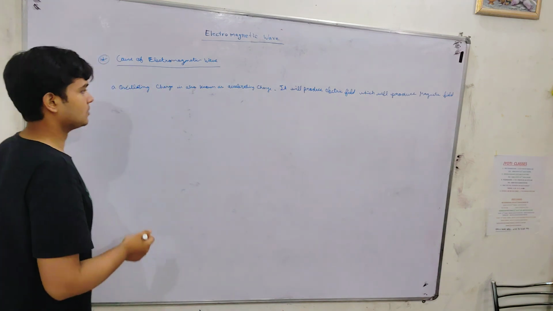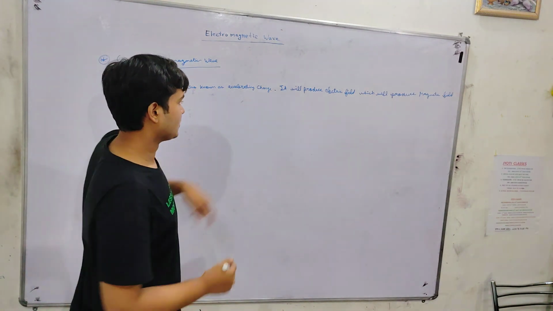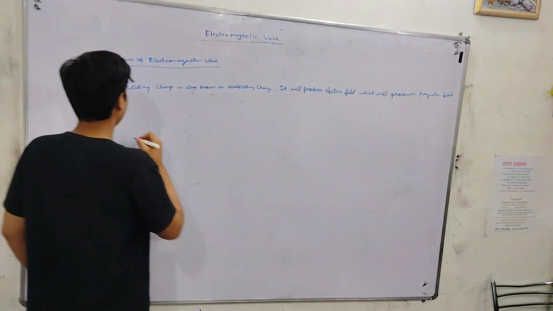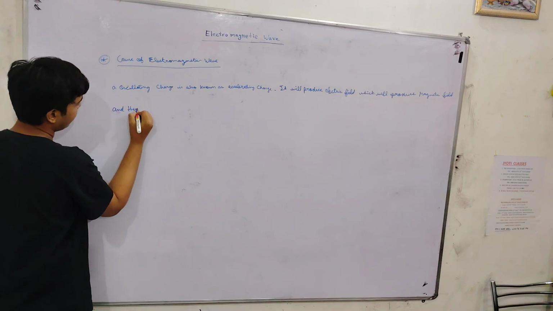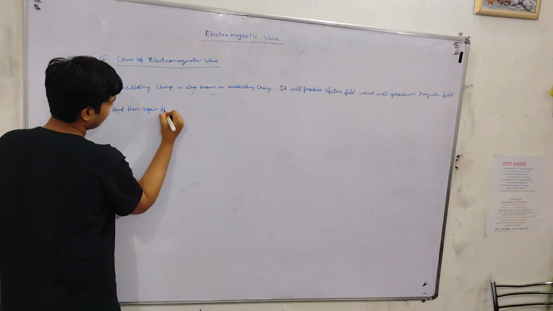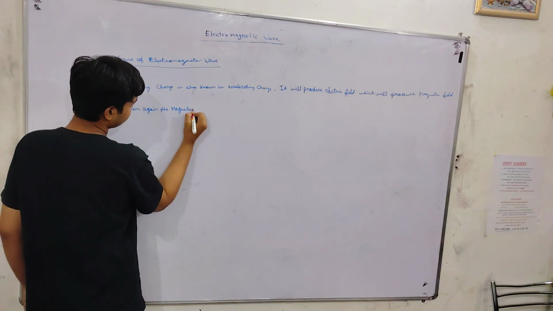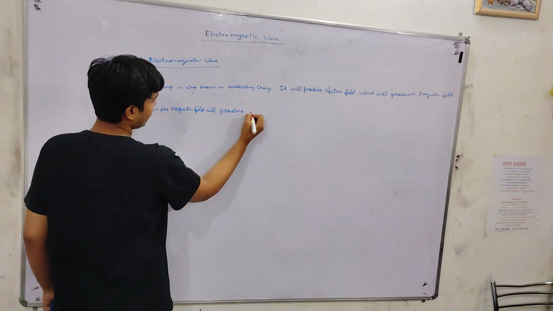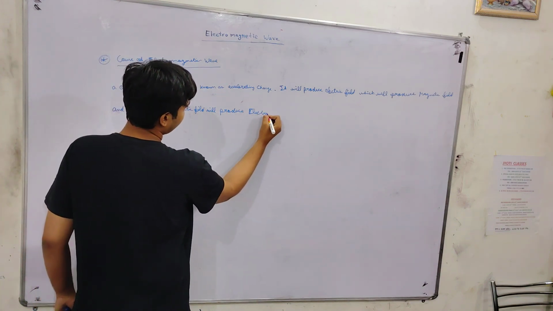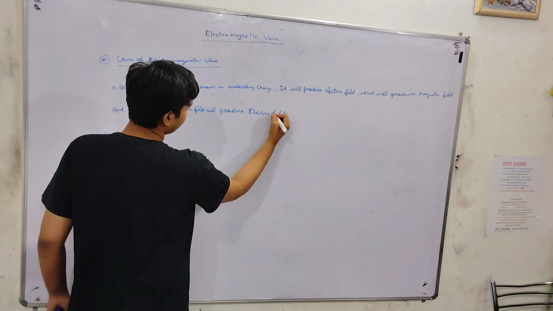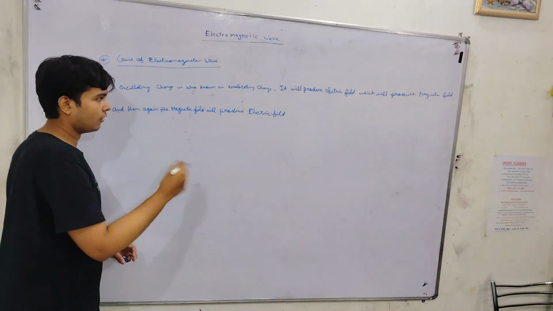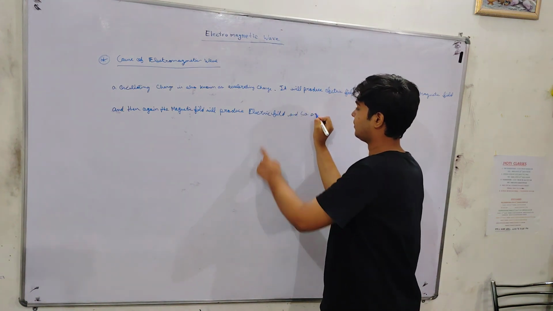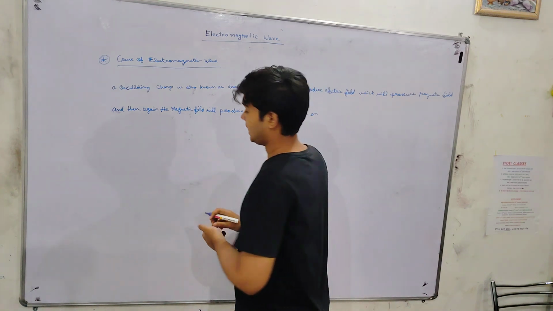First the oscillating charge produces an electric field, the electric field produces a magnetic field, and then the magnetic field again produces an electric field. This cycle goes on and on.